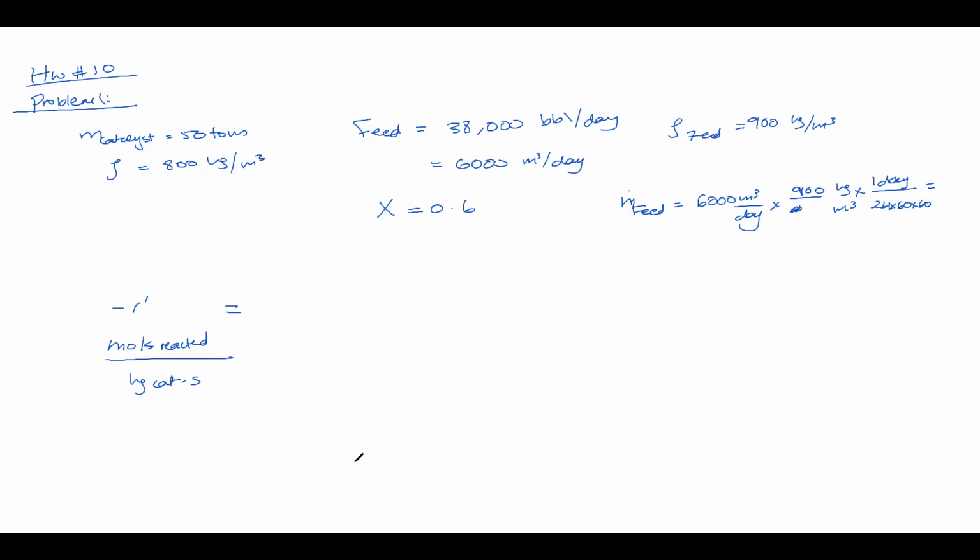And I get a mass flow rate of 62.5 kilograms per second. And then I need to convert this to moles. In the problem, you're being told to use C20H42 as the representative molecule, and this molecule has a molecular weight of 282 grams per mole.